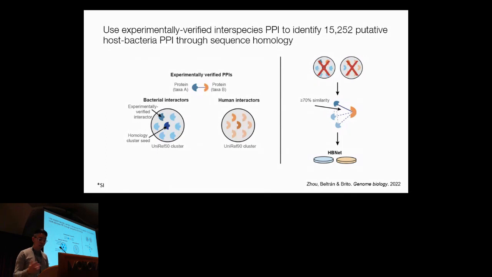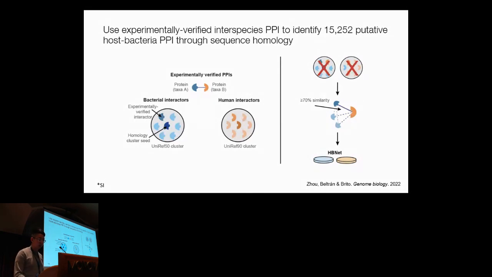Within each UniRef50 bacterial cluster, we further filtered the sequences to bacterial members of the cluster within 70% of sequence similarity to the experimentally verified proteins, and they were labeled as putative interactors.